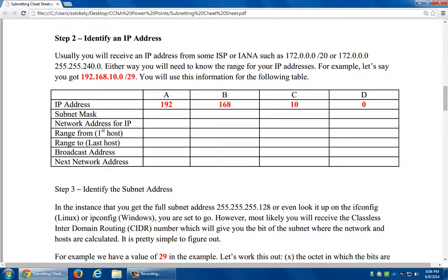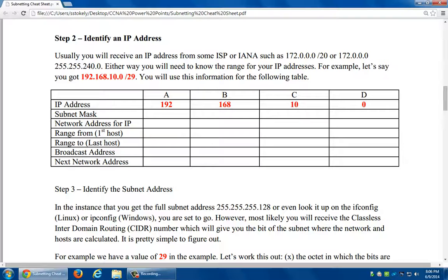Now, if I'm looking at 29, 29 minus 8 leaves me what? That leaves me 5. So my subnet mask for that line is going to be 255.255.255. Remember, this is our interesting octet, and anything to the left of it is 255.